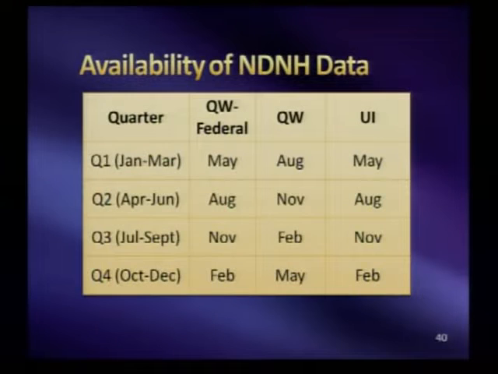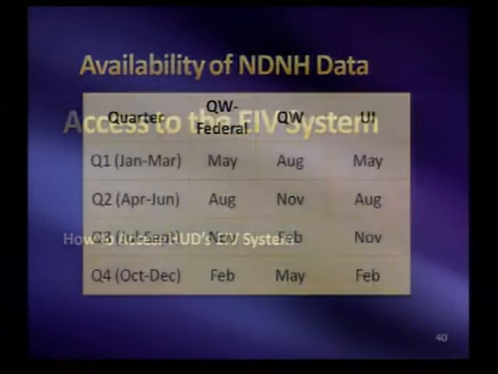And then this is a nifty little schedule that you may want to cut out and maybe put up on your bulletin board so that you know when data is going to be available. Because basically here we're in quarter 3, which is July through September. You're not going to see information until November 2010 for quarterly wage federal and the quarterly unemployment, and then February 2011 for your regular wages.